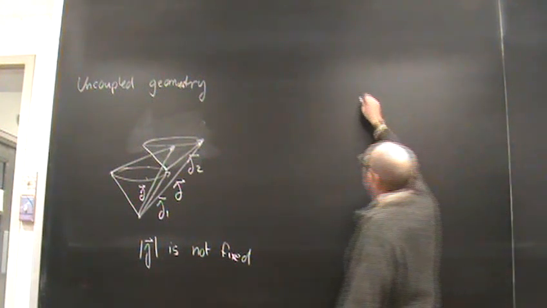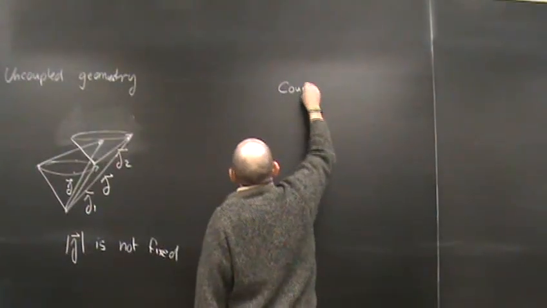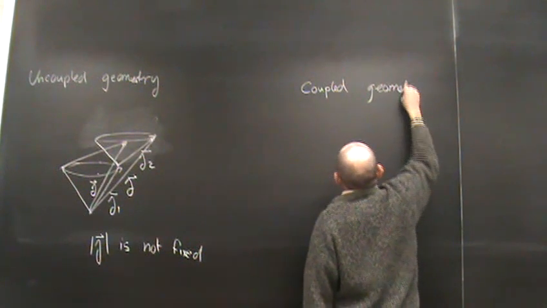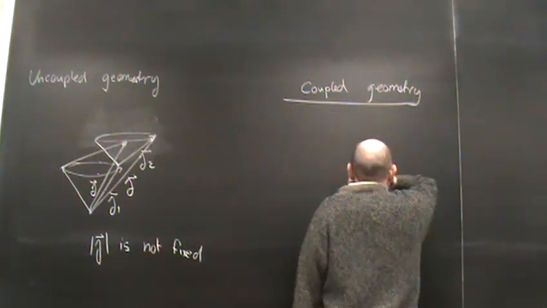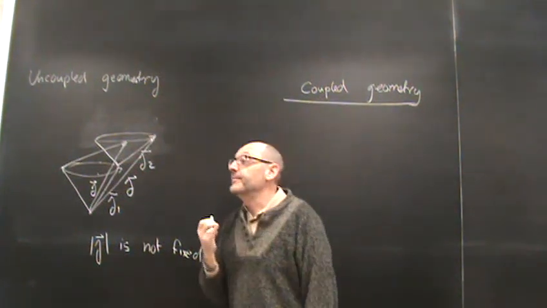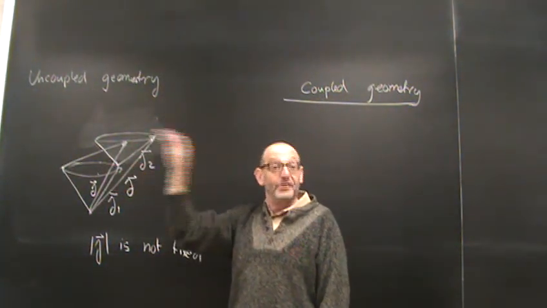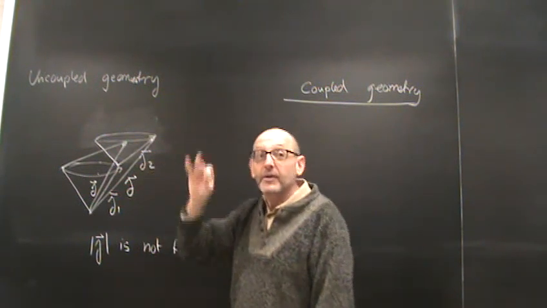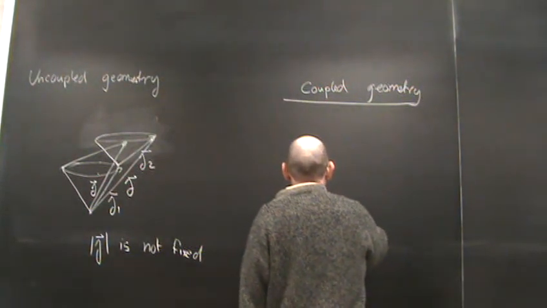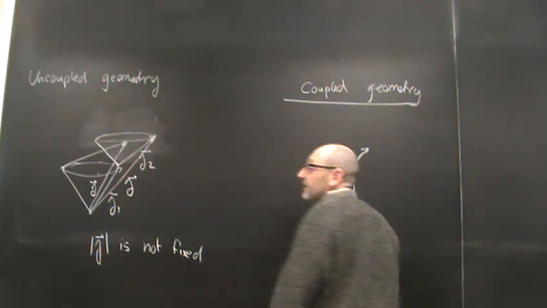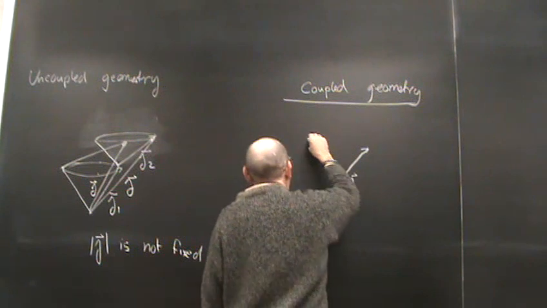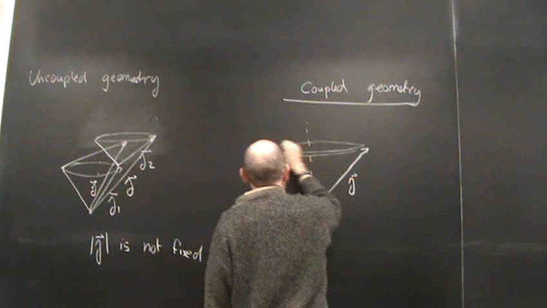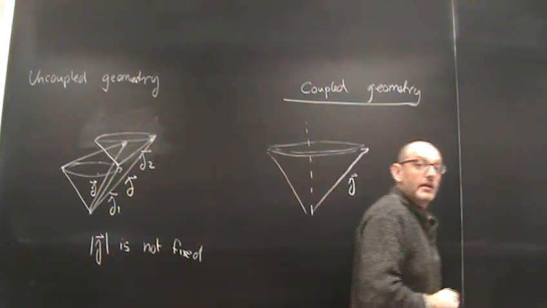If I wanted to think about the coupled geometry, that's different. So in the coupled representation, the good quantum numbers are the total magnitude and the total projection, and then the individual magnitudes. So what I have is a total vector J, and its projection along the z-axis is fixed.